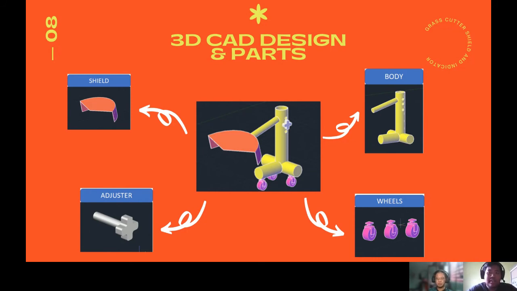Wheels will be attached on the body, and the wheel functions as an indicator to move the shield and all the parts. Next, we have the shield. The shield, as Zafril has explained just now, is used to block the sand or the rocks flying away while we use the grass cutter. And then lastly, we have the adjuster that will be used to adjust the height of the body.